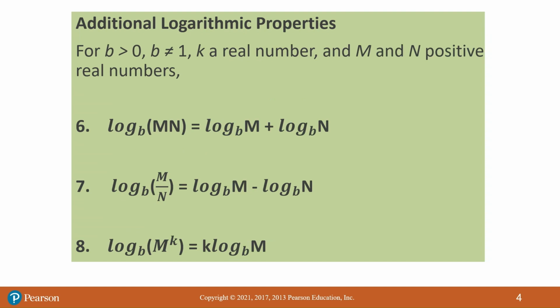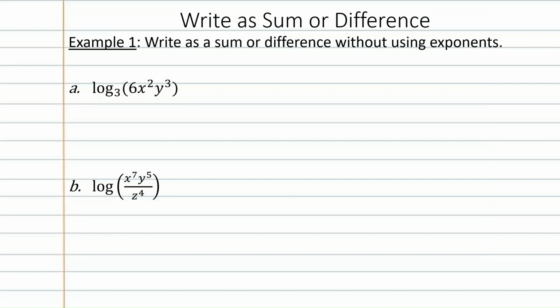And then log base b of m over n equals the log base b of m minus the log base b of n. Here we're breaking this division on the inside into a subtraction on the outside. Last property here, log base b of m to the k equals k times the log base b of m. All we've done here is bring our exponent out to the front. That property holds as well.